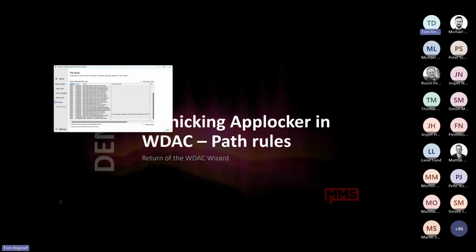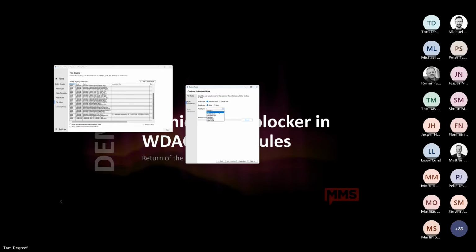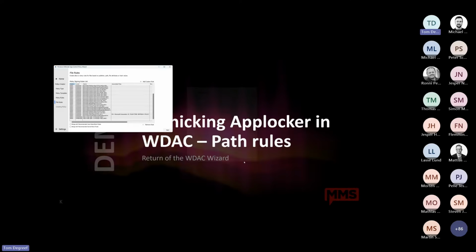Now, by doing that, actually not much changes between the two scenarios. If we would compare the effectiveness of WDAC and AppLocker by adding those two Program Files x86 rules, we actually notice that none of the current threat campaigns would be allowed to run. So we would still be at a 93% effectiveness for that scenario. And then if we would add one for Windows, things change a little bit. Windows, create rule.